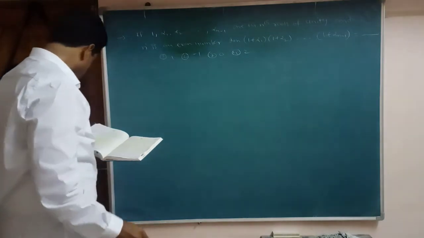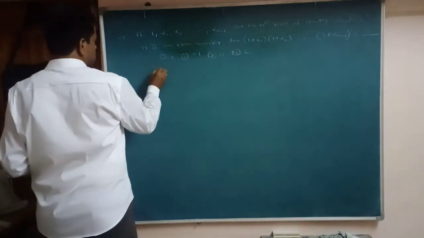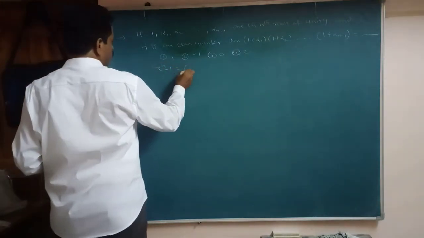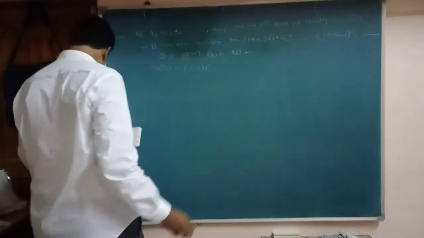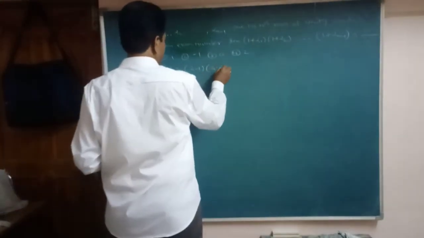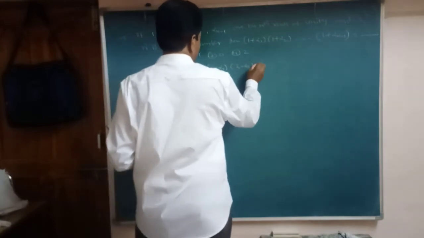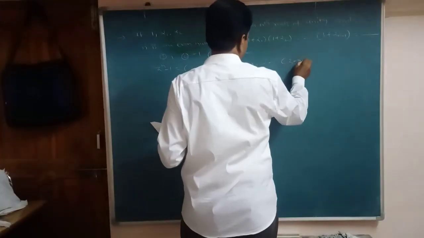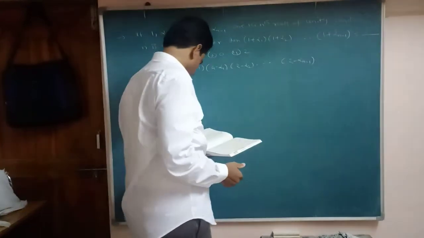Here we know that z power n minus 1 equal to z minus 1 into z minus alpha 1 into z minus alpha 2, so on z minus alpha n minus 1.